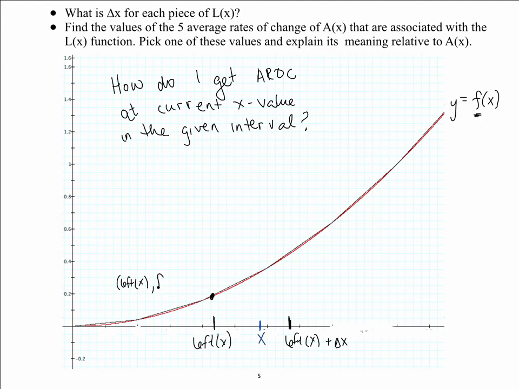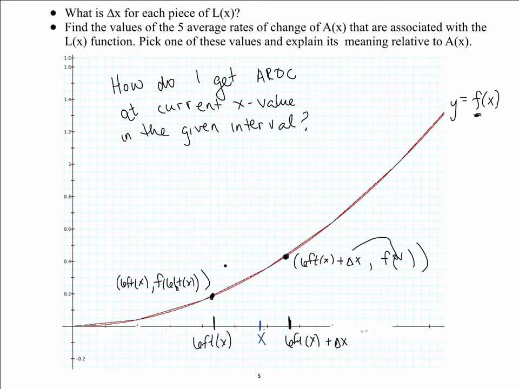So instead of a, we'll call it f. And then over here, we've got the same thing. Left of x plus delta x, and then the corresponding y value is going to be f of all of that, right?